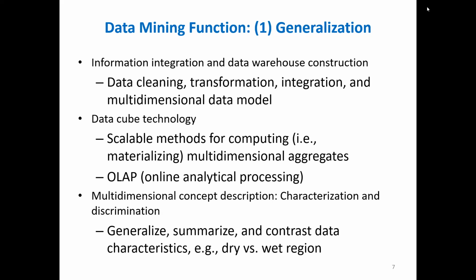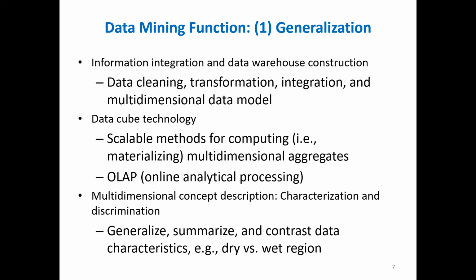But in real life, the data set is not two-dimensional; it is a multi-dimensional data set. To store multi-dimensional data, we require data cube technology, and for data cube technology we require a technique called online analytical processing. If we store data in databases, this is called OLTP, that is, online transaction processing.